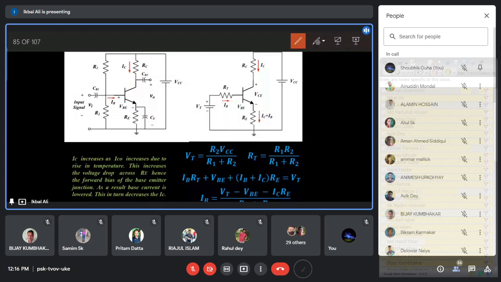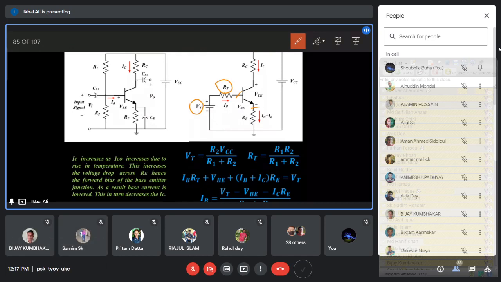So this is your Thevenin voltage VT, and this is your Thevenin resistance RT. This is the equivalent input side of the transistor, and you know that this point is the base point. Between base and emitter, you have the base emitter voltage. Base and emitter should be forward biased, because you are going to make the transistor operate in the active region with the biasing circuit.